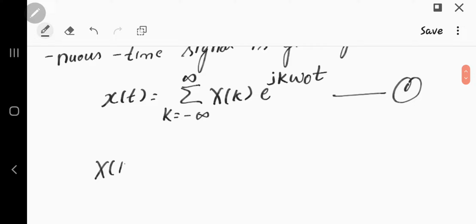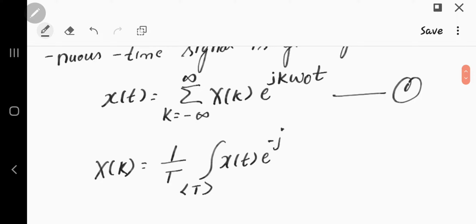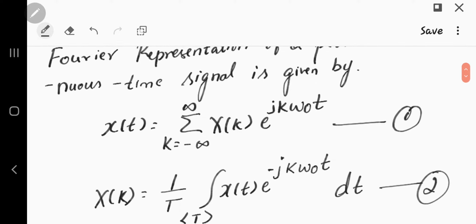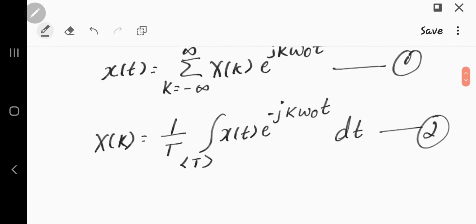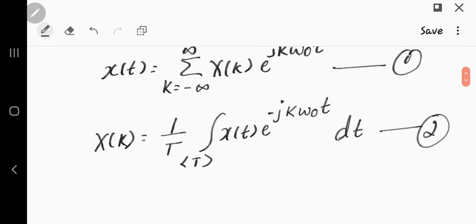Another one is x of k is equal to 1 by T integral of x of t e power minus j k omega naught t dt. These two expressions we use to represent a continuous time Fourier series for signals with continuous time.